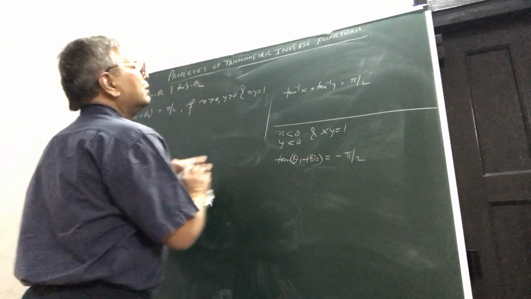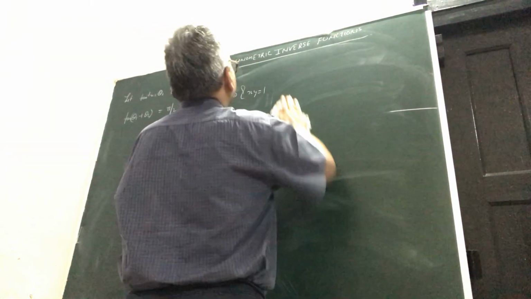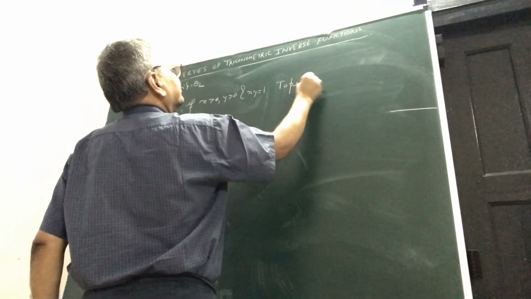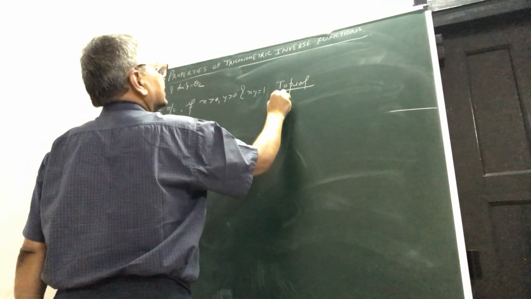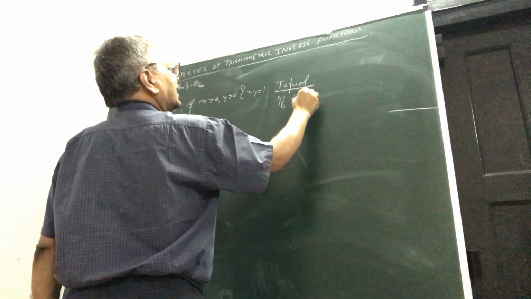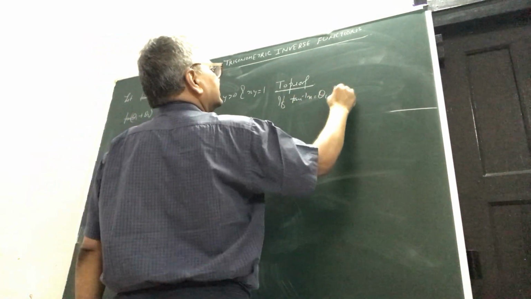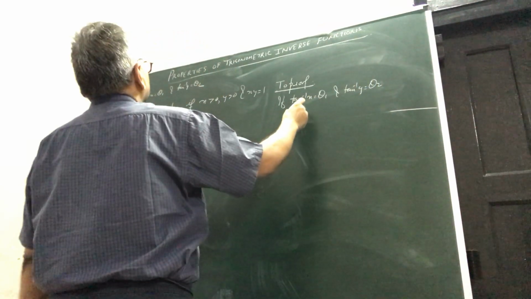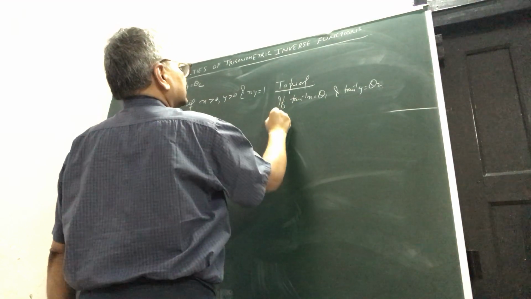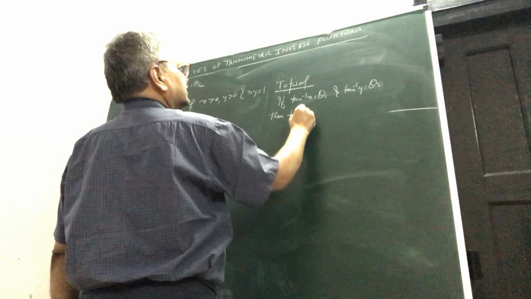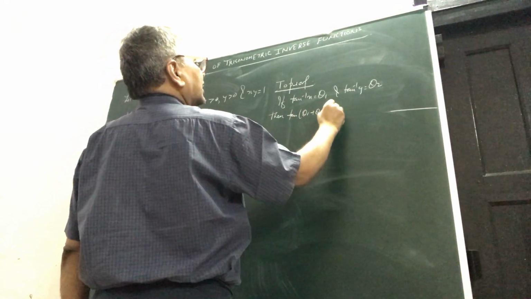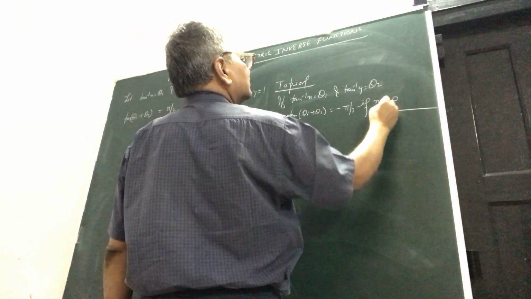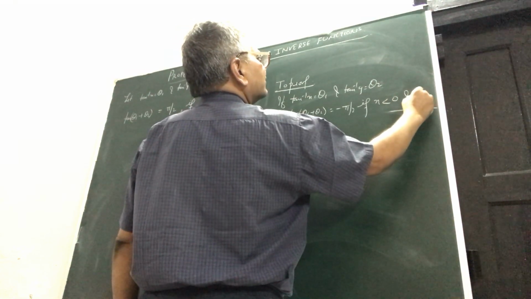Alright. What we want to show? To prove that if tan inverse x is equal to theta 1 and tan inverse y is equal to theta 2, then tangent theta 1 plus theta 2 is equal to minus pi by 2 if x is less than 0 and xy is equal to 1.